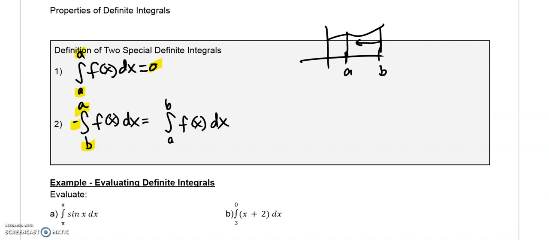If you have a negative, you can actually negate it and flip those limits around. So negative integral b to a is a positive a to b. Integrating backwards is a negative, so a negative negative will give you a positive. That second one is kind of tricky to understand, but it's kind of like a double negative going on there.